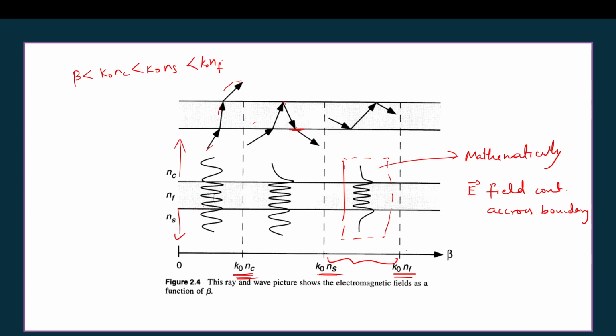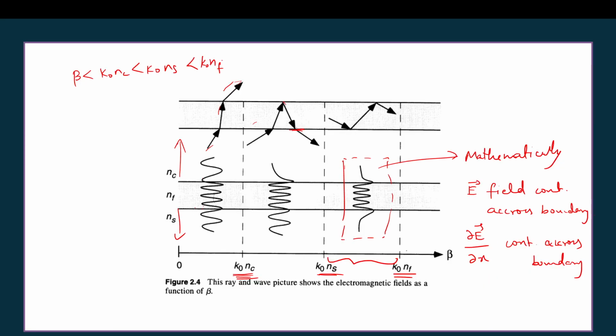However, since we are writing all the equations in terms of the electric field, we can use Maxwell's equation to convert the magnetic field boundary condition to an electric field boundary condition, and it comes out that dE by dx should be continuous across the boundary. This condition is not inherently present, it comes from the continuity of the magnetic field.